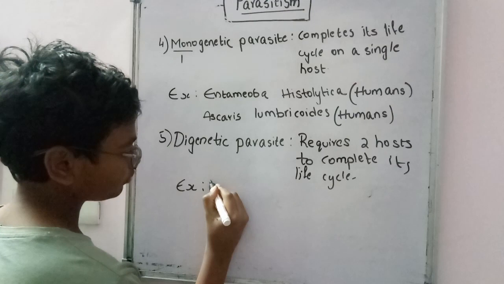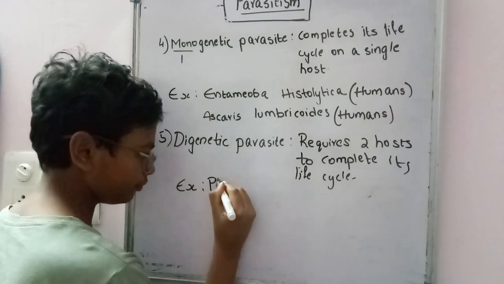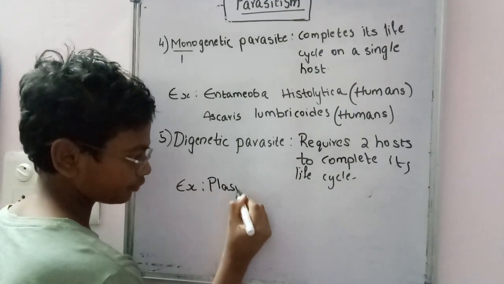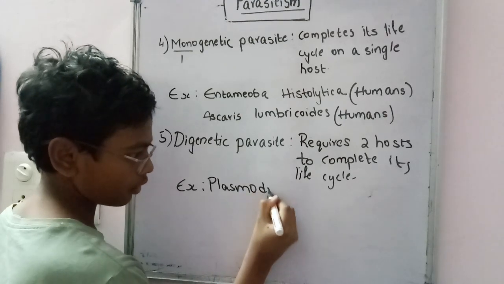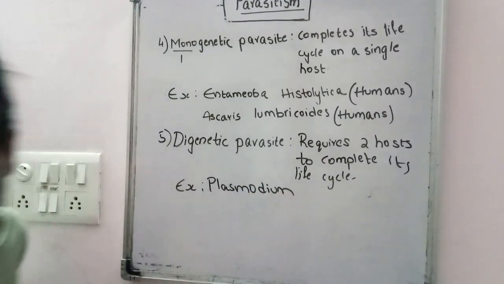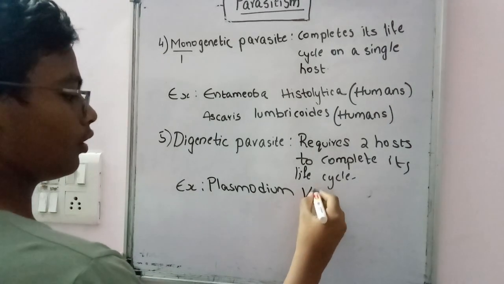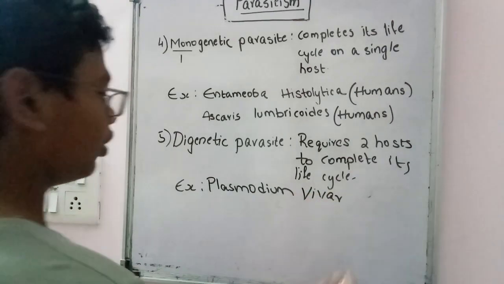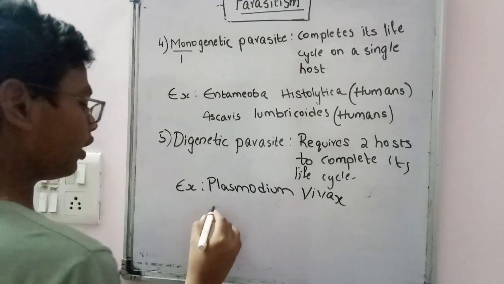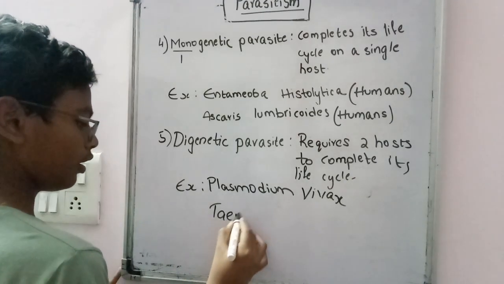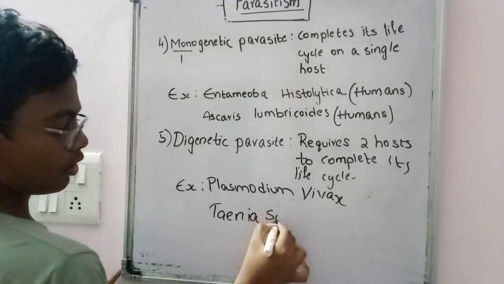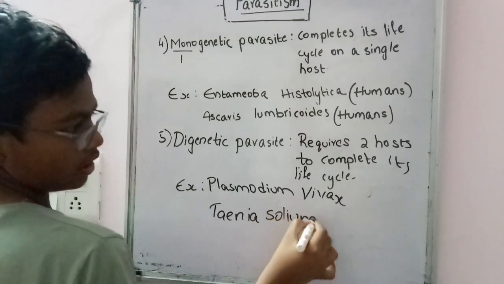Examples: Plasmodium vivax, which lives on humans. And you can go to Taenia solium.